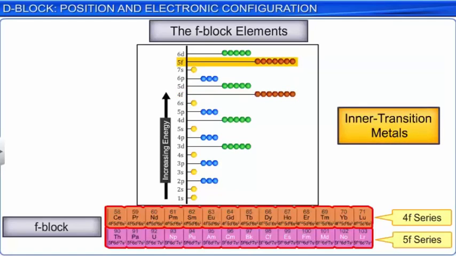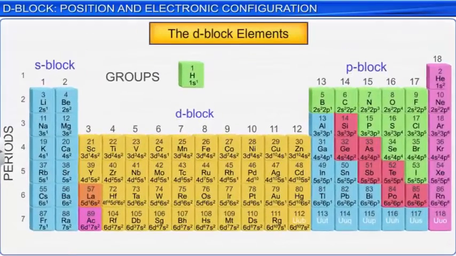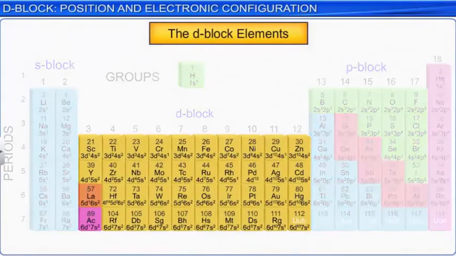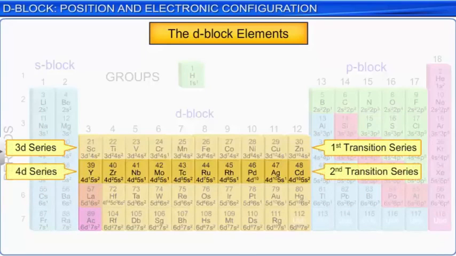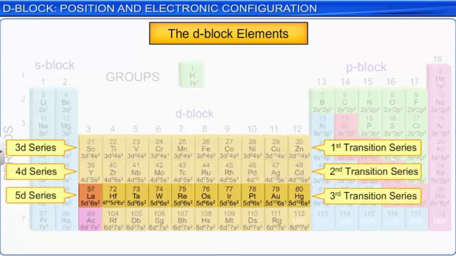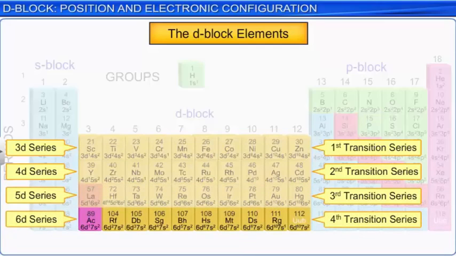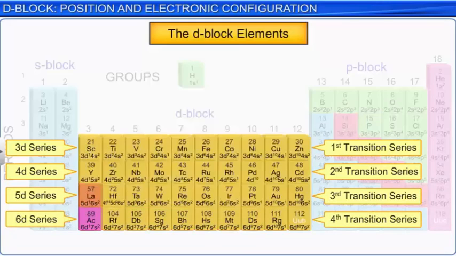There are mainly 3 series of transition elements. They are the 3d series, the 4d series, and the 5d series. The 4th series, the 6d series, which begins with actinium, is still incomplete. The first transition series includes the elements from scandium to zinc.